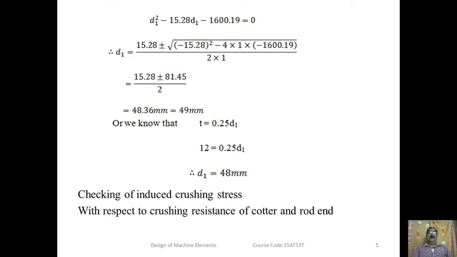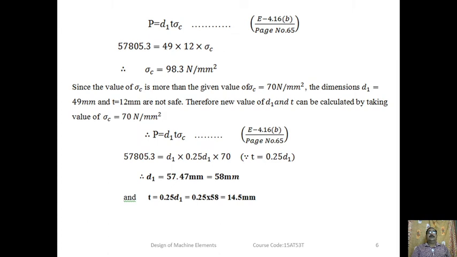So after calculating, the value of d1 becomes 48 mm. Dear students, after calculating the values of d1 and t, we have to check for the induced crushing stress. So when we substitute the values of P, d1 and t, the sigma c becomes 98.3 Newton per mm square by using the equation 4.16b. But since the value of sigma c is more than the given value, because the given value is 70 Newton per mm square, hence the values of d1 and t are not safe.